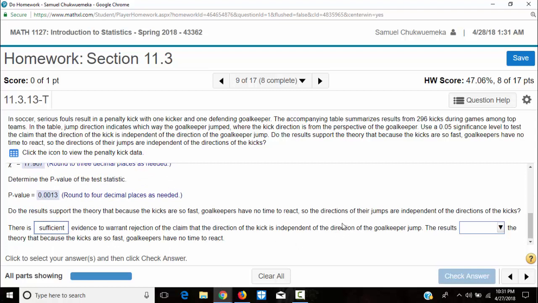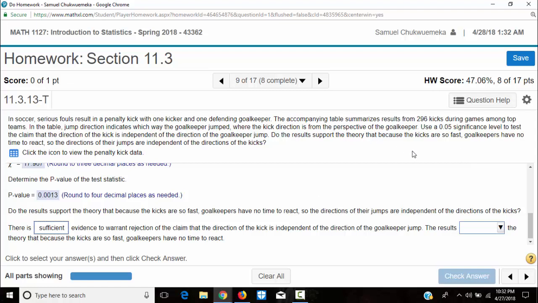So do the results support the theory that because the kicks are so fast, goalkeepers have no time to react, so the directions of their jumps are independent of the directions of their kicks? Well, no, you're rejecting the null.